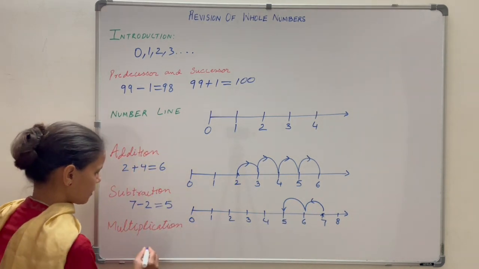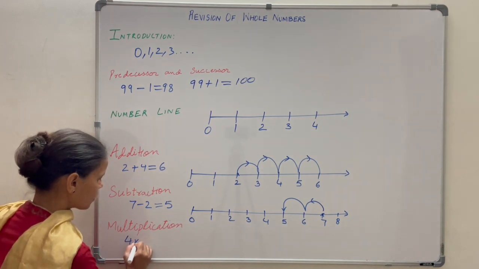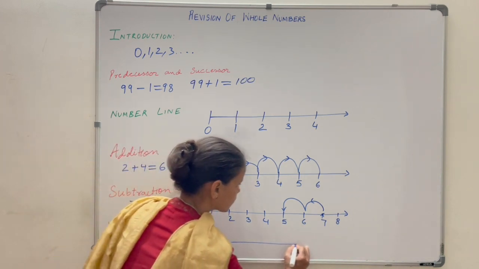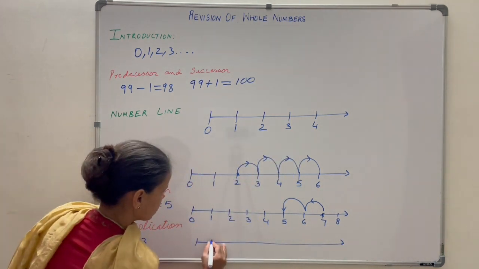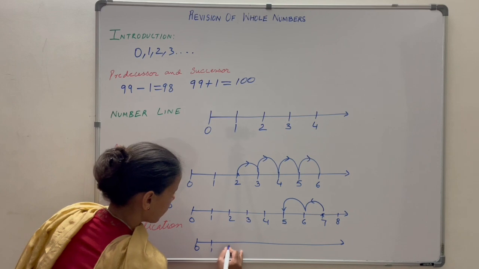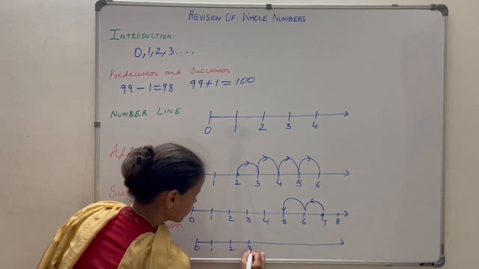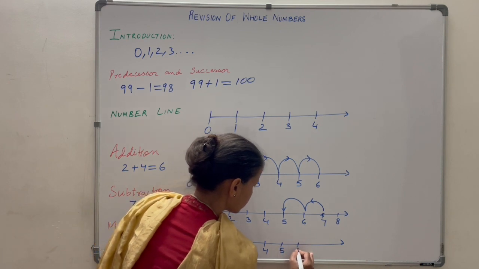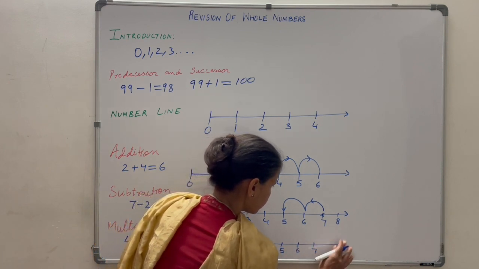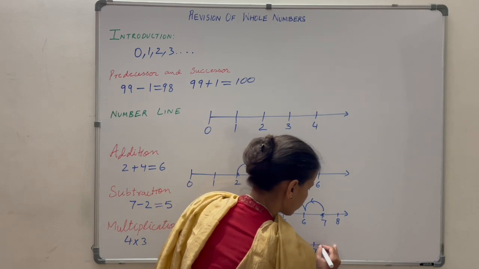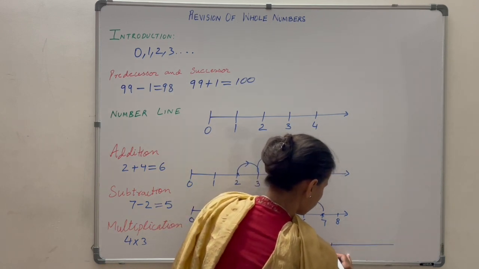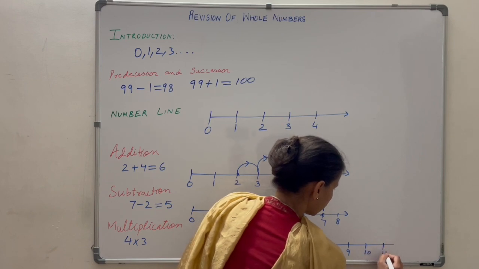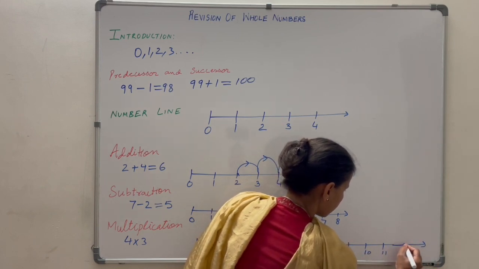Now multiplication. If you have to multiply 4 into 3 on a number line, how will you do it? First you need to draw the number line. So 0, 1, 2, 3, 4, 5, 6, 7, 8, 9, 10, 11, 12.